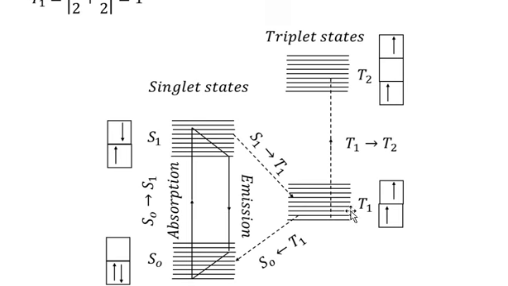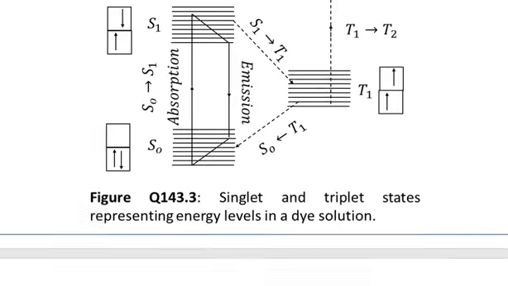So the transition from T1 to T2 and back from T2 to T1 is allowed. And similarly, the transition from S0 to S1 and back from S1 to S0 is allowed. But the transition from S1 to T1 is not allowed optically, but this transition can still happen, as we shall see, due to the collisional process or due to the cross linkage between the systems. This will be explained.